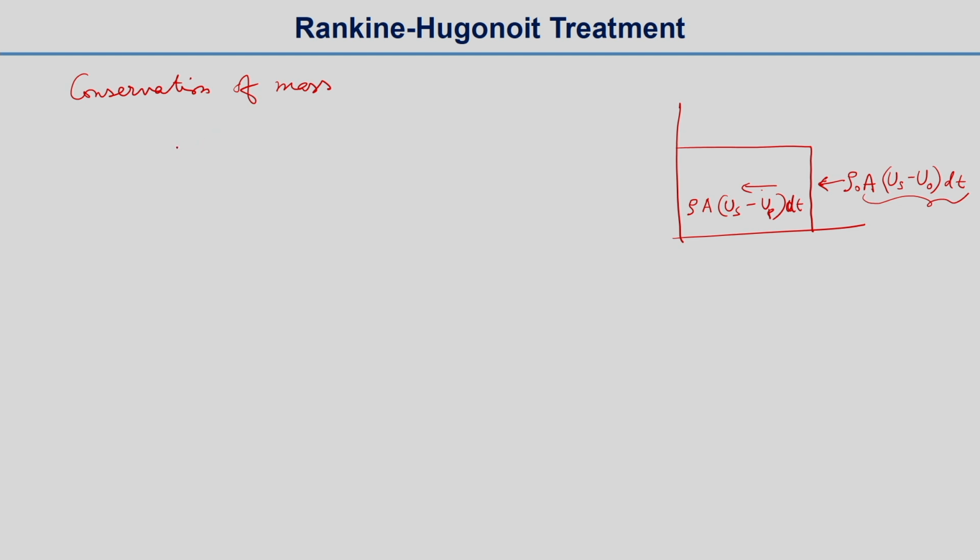Now for conservation of mass we can write rho naught A US minus U naught dt is equal to rho A US minus UP dt.